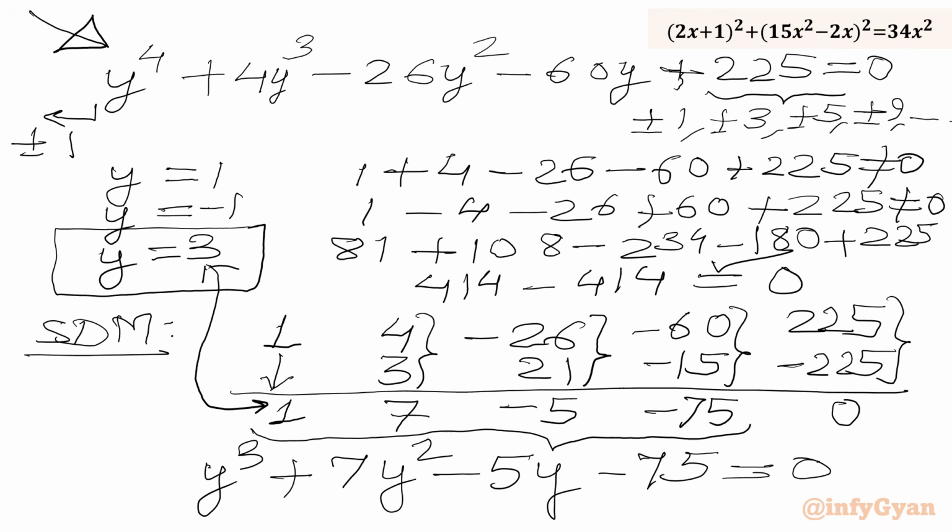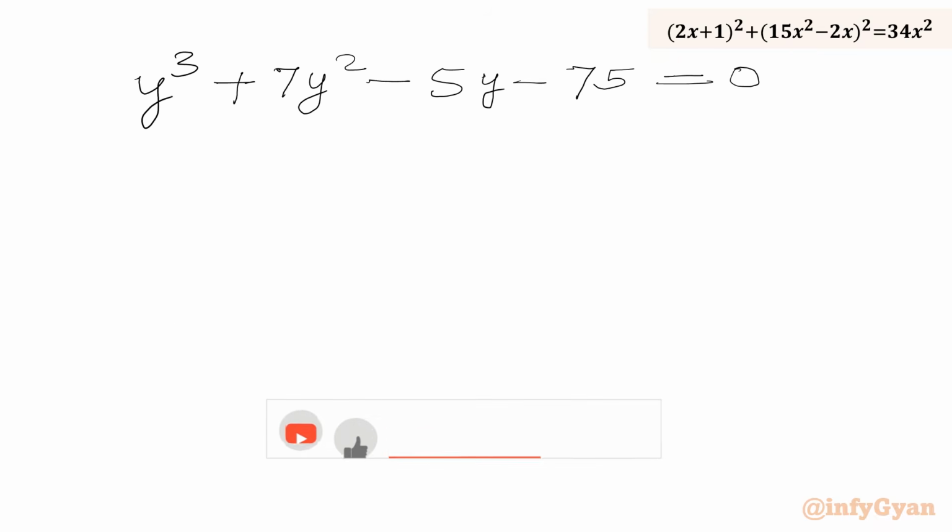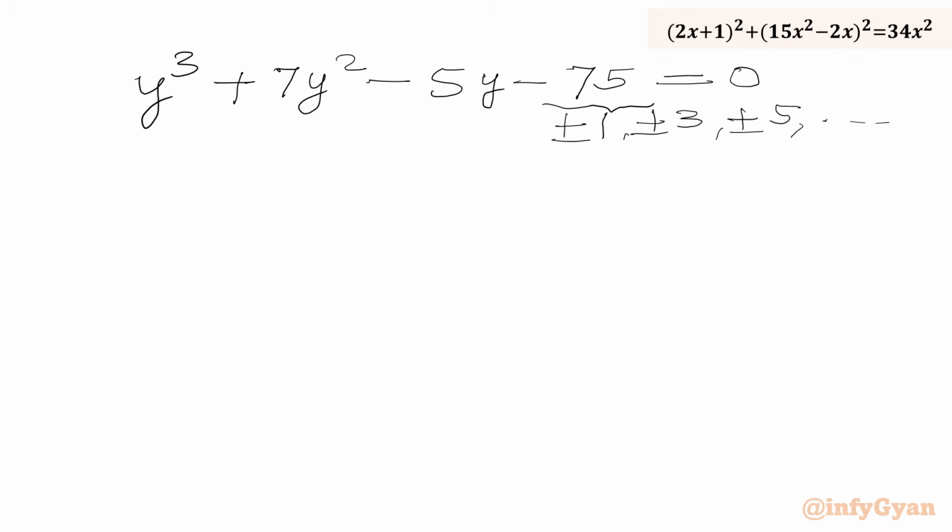Again, we can use the rational root theorem. So I will write here the equation first. Let's write all the eligible factors of 75. So we can write here ±1, ±3, ±5, and so on. The leading coefficient is 1. We'll write here ±1.